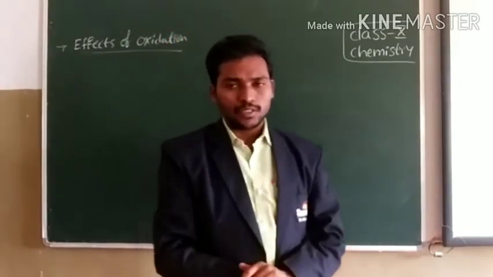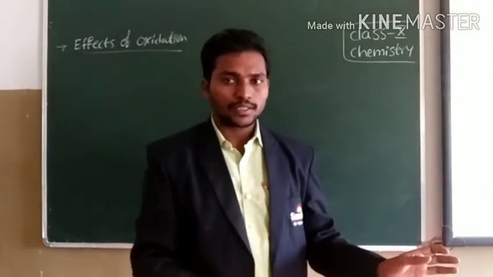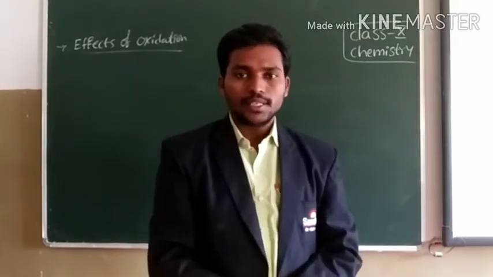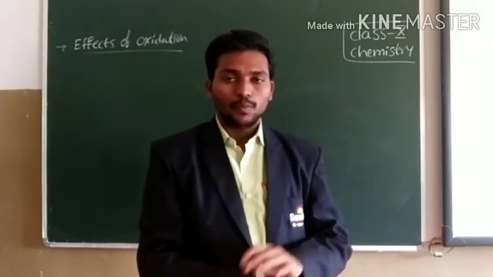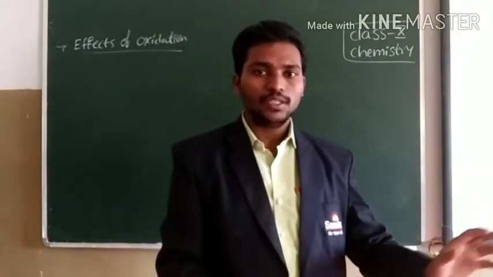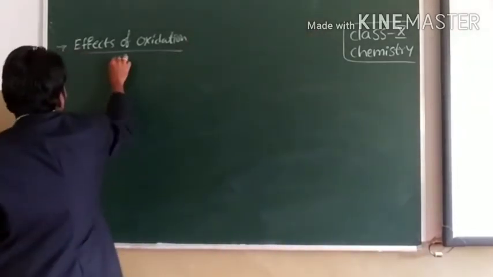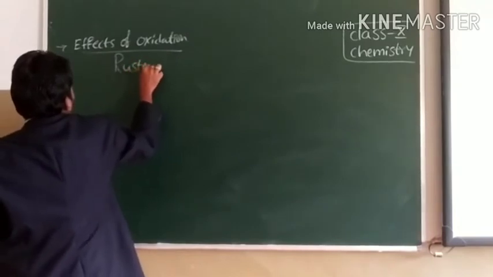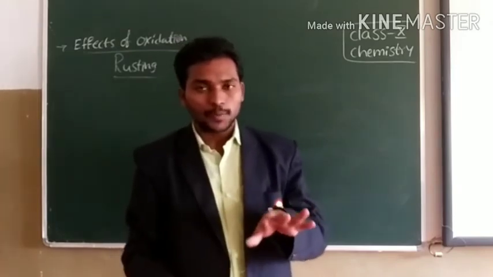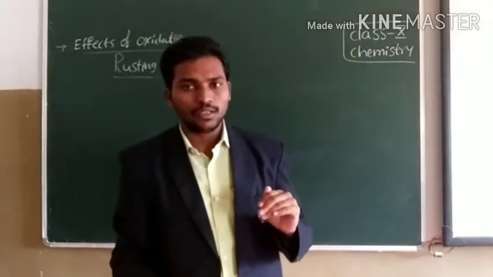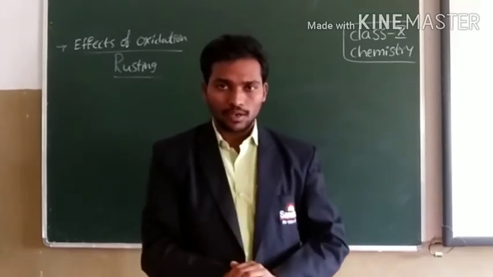You must have observed that when iron particles are exposed to atmospheric gases, those iron particles slowly change their surface. After some days, we observe a brown surface layer on the iron particles. This is called rusting. Rusting means the slow deposition of a brown surface layer on iron particles. So rusting is an example of an oxidation reaction.